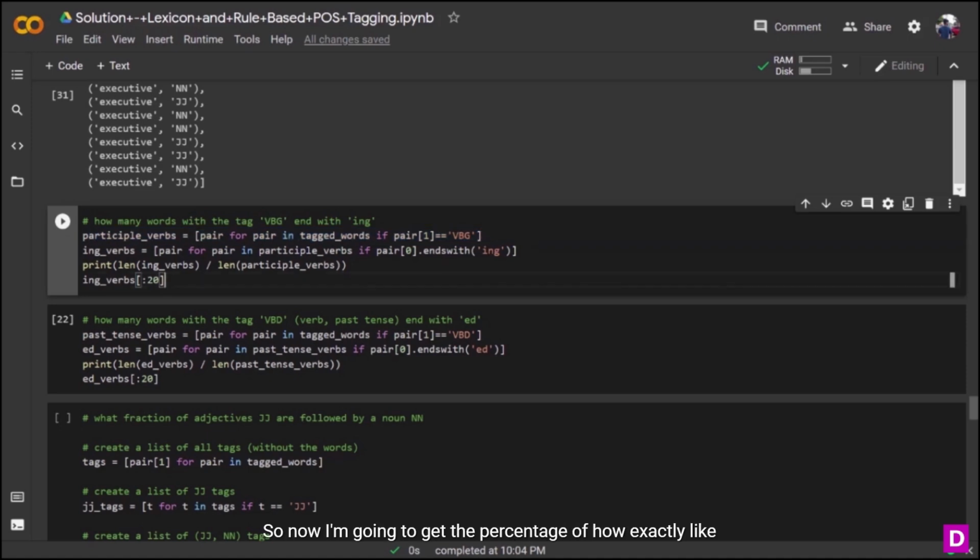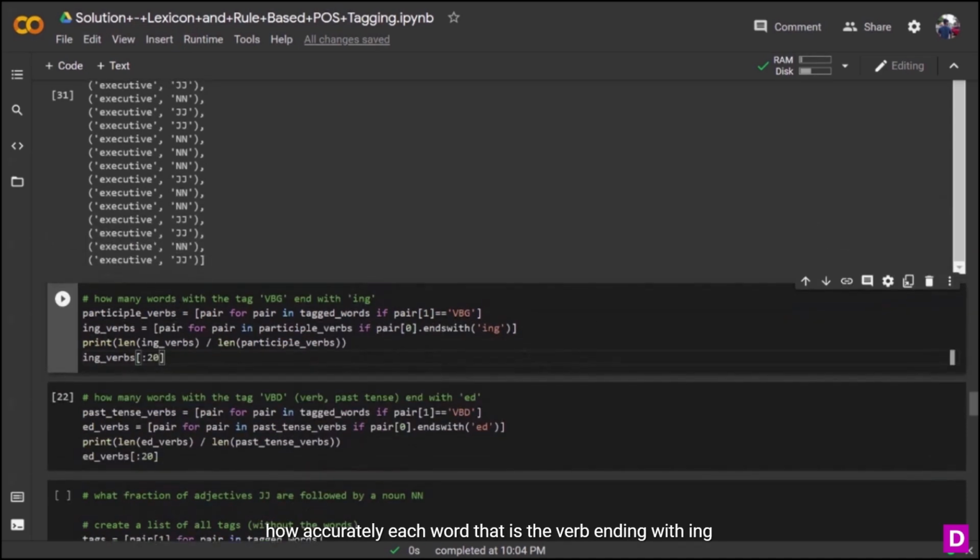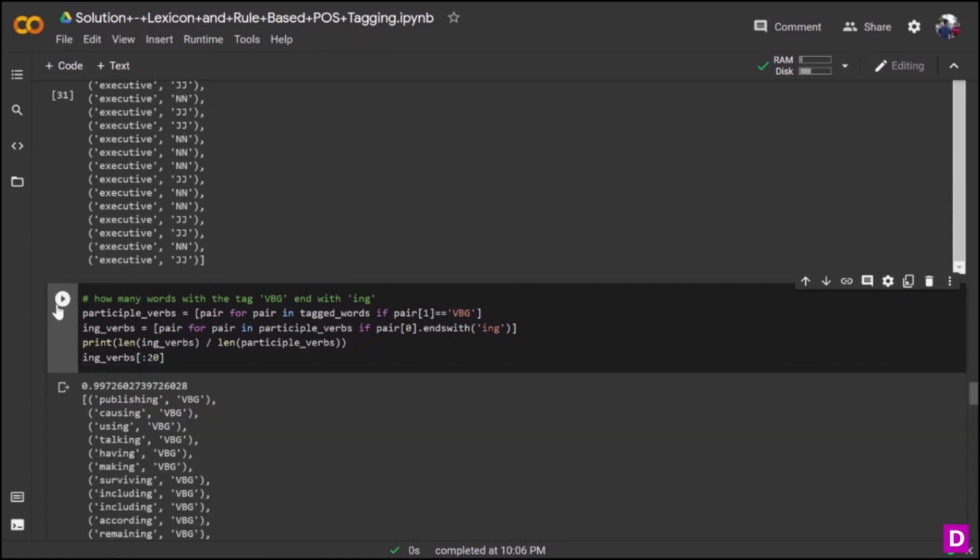So now I'm going to get the percentage of how accurately each verb ending with ing is actually tagged with the POS tag VBG. Let's have a look at that.